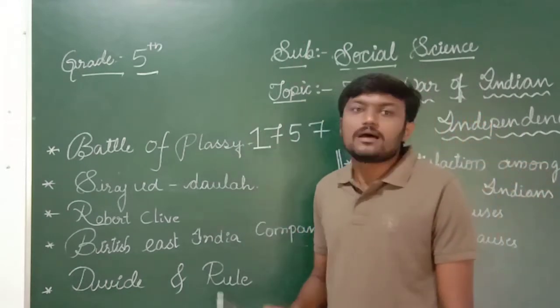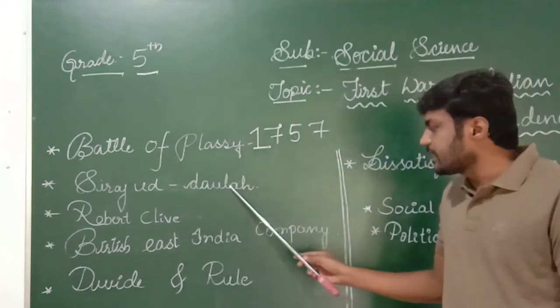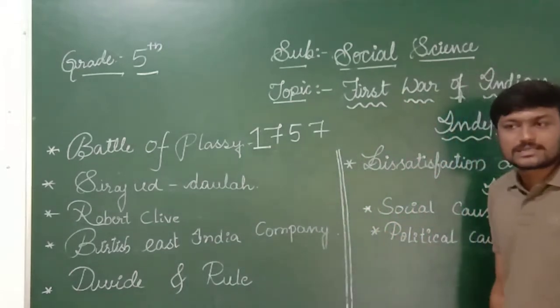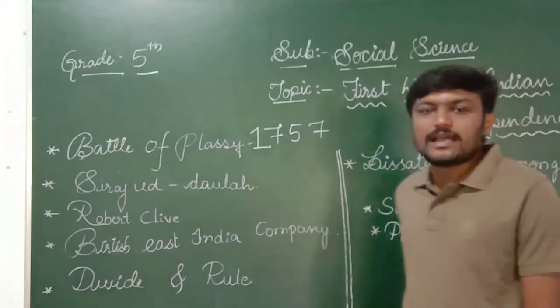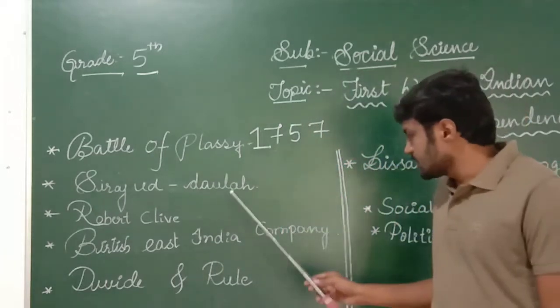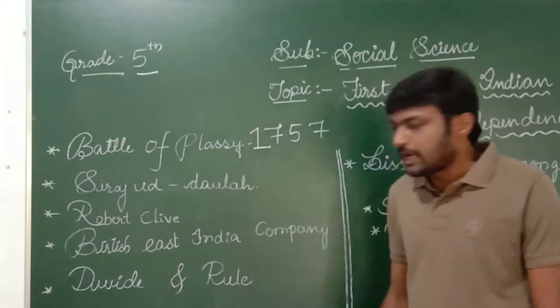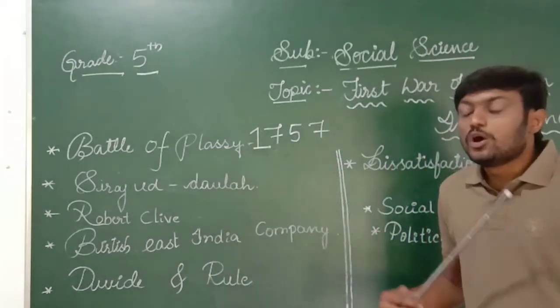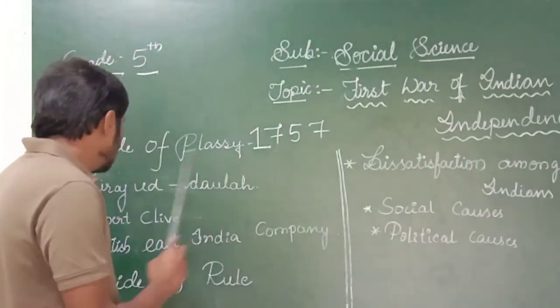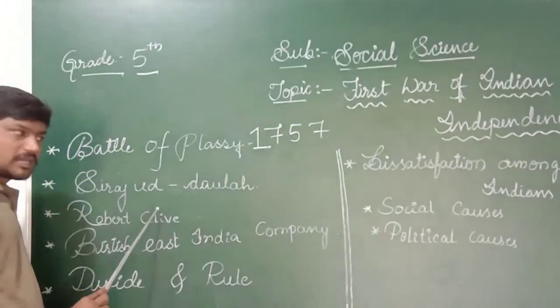Sirajuddaulah lost the battle, and the British East India Company was established. It was established by Robert Clive, and they started to rule some parts of our nation.